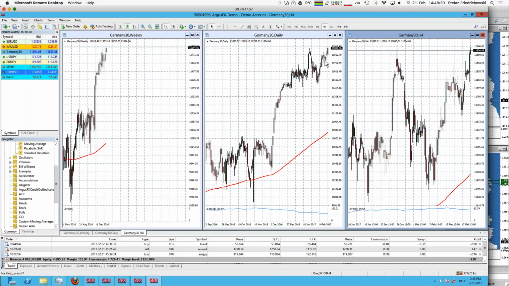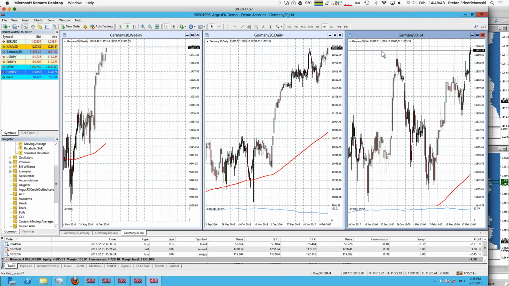Looking at the last couple of days, weeks, and even months, we have a real new high here within the DAX. You can see that quite well here. The price creates a gray line, and right now the price is exactly at our previous high.